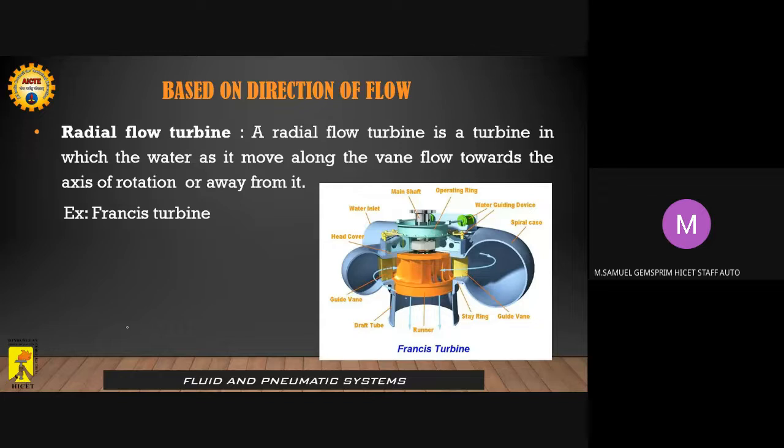Yeah, next is based on the direction of flow. So here we have three different types of directions. One is the radial flow. The only radial flow turbine we have is the Francis turbine. Why is it known as radial flow?